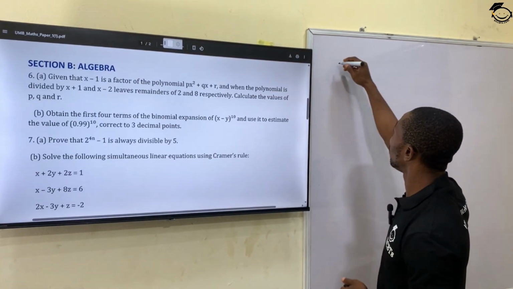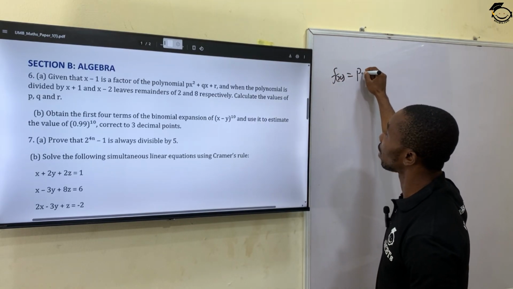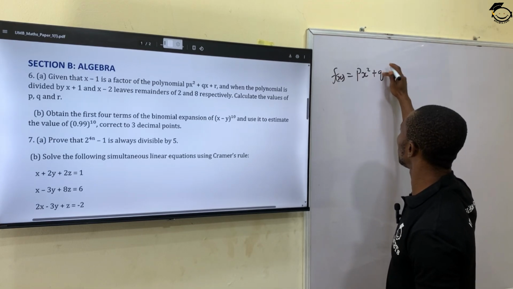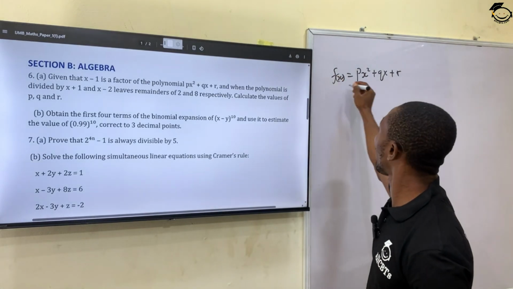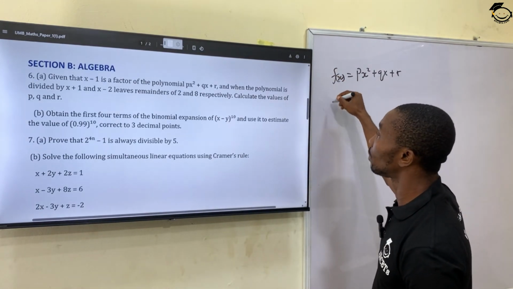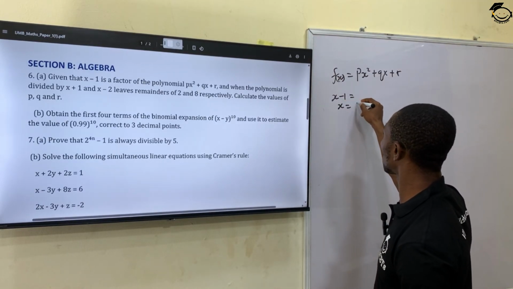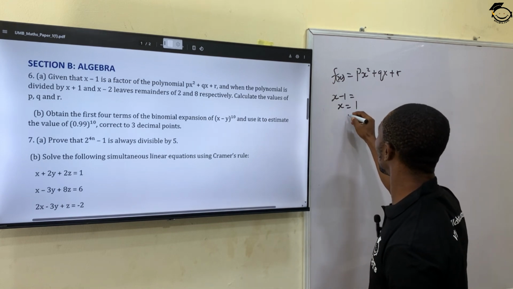Now, we know that our f(x) for our polynomial equals px squared plus qx plus r. Now, x minus 1 is a factor, so we know that x is 1, okay?